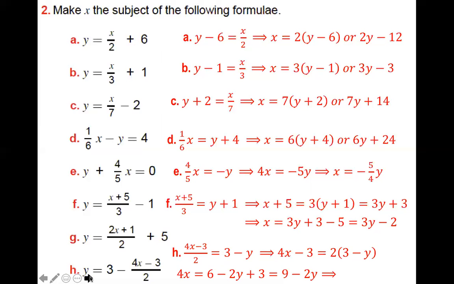Then you just write 4x equals 6 minus 2y plus 3, which is minus 2y plus 9, or 9 minus 2y. Then you divide the whole thing by 4, and you get your 9 over 4 minus 2 over 4y, which is minus a half y.